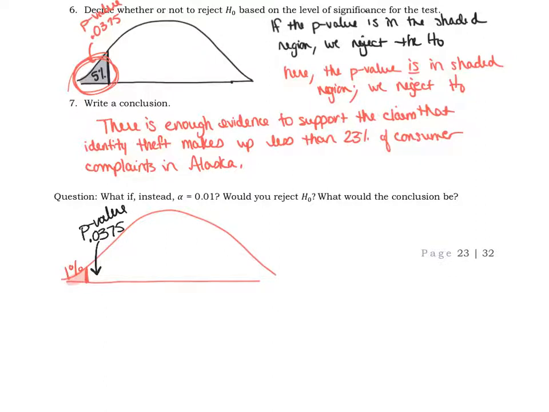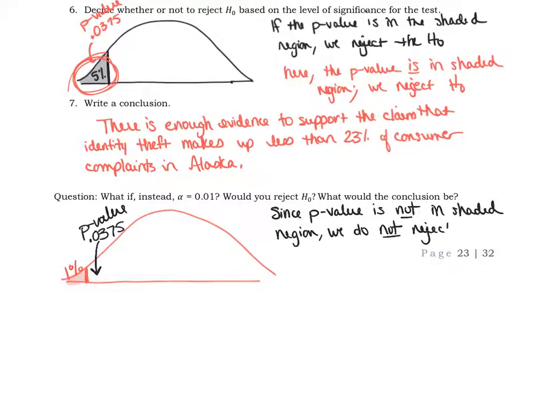So in this case, since the p-value is not in the shaded region, we do not reject the null hypothesis.